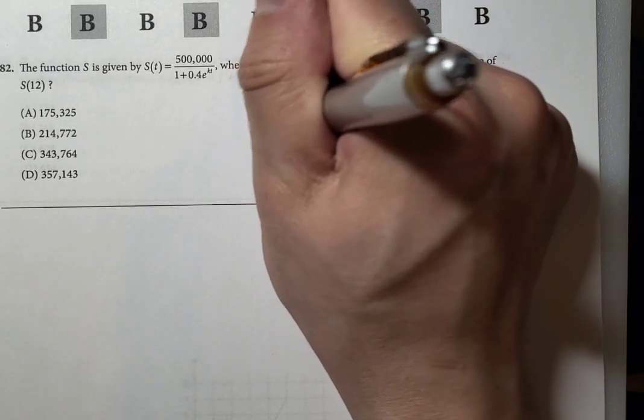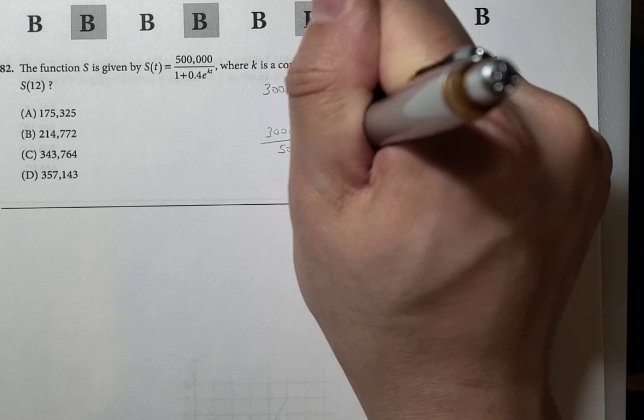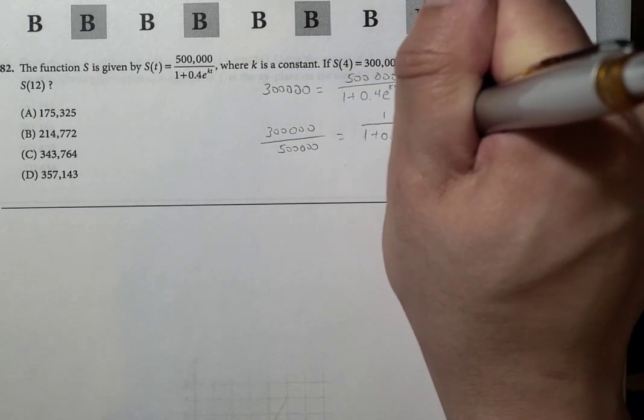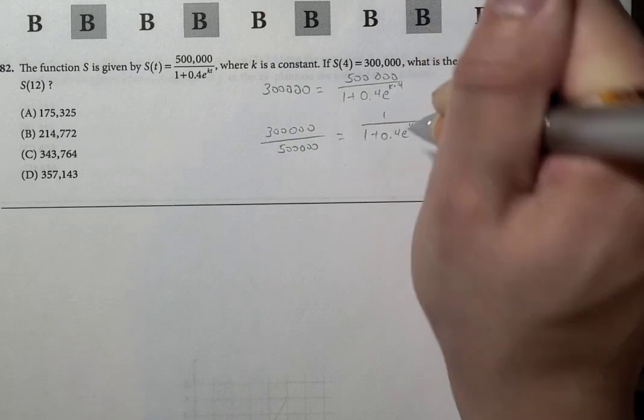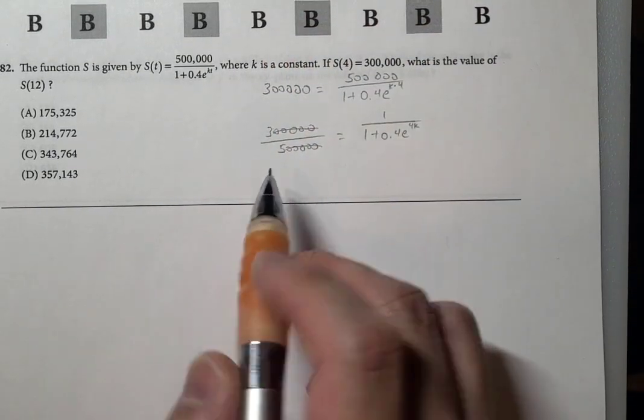Okay, so 300,000 over 500,000 is 1 over 1 plus 0.4 e to the 4k. Okay, so all these zeros you can actually cancel out. So 3/5 is left.